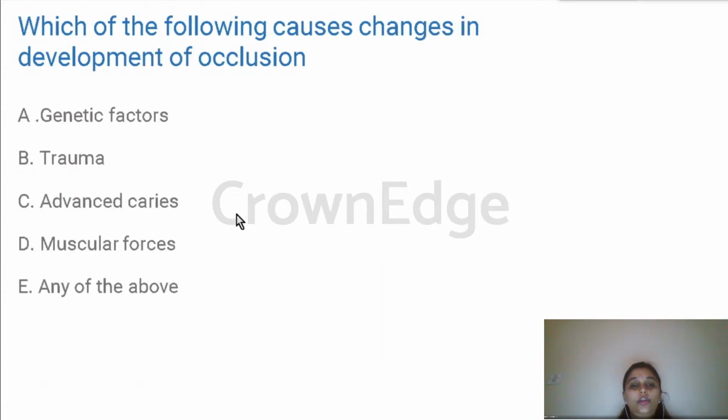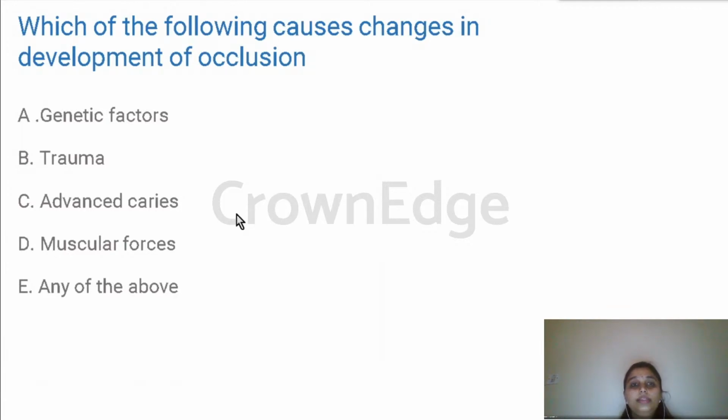Genetic factors, we all know that heredity plays a very important role in determining the occlusion. Usually class 3 and class 2 have familial tendencies running. Okay. Trauma, again, very important. If the child during the developing phases has had any maxillofacial trauma, then of course it is going to hamper the development of occlusion.